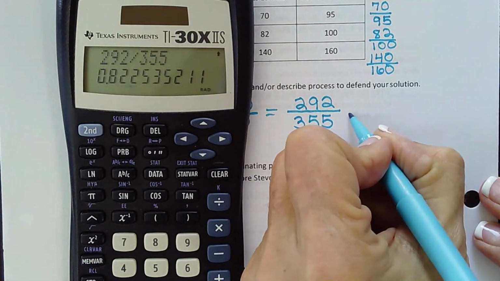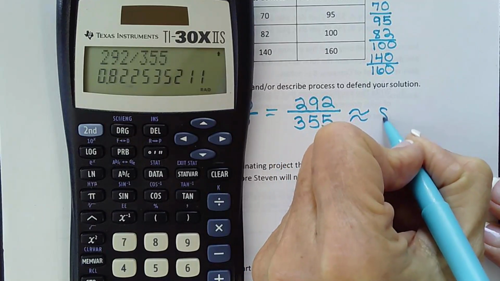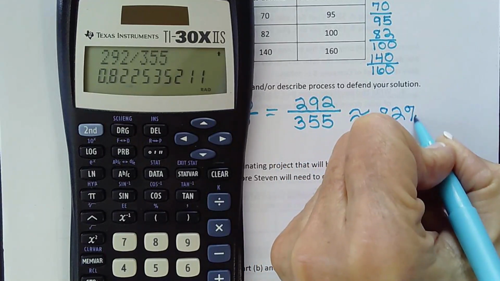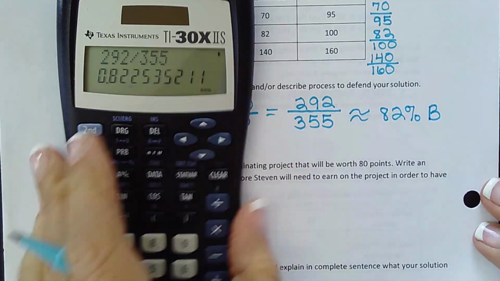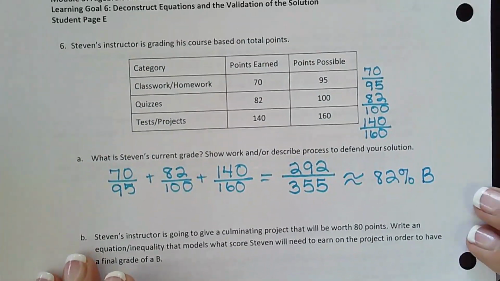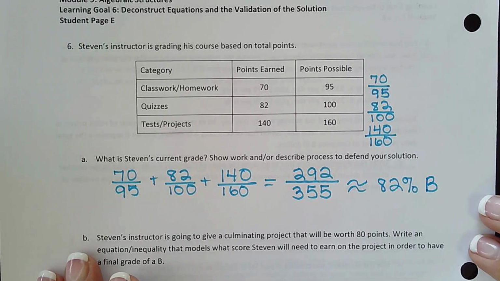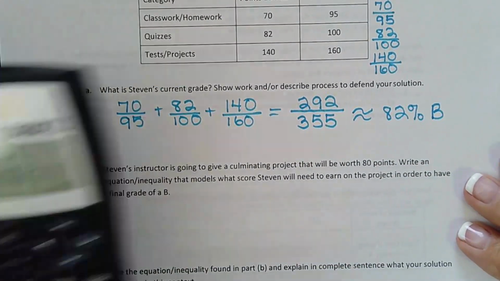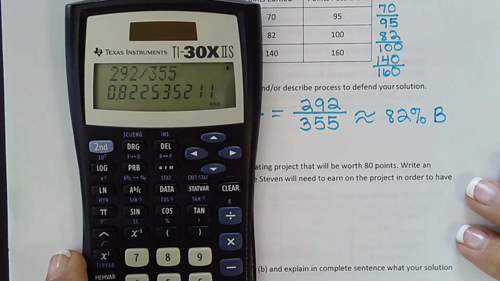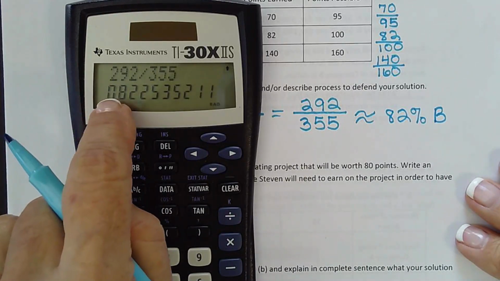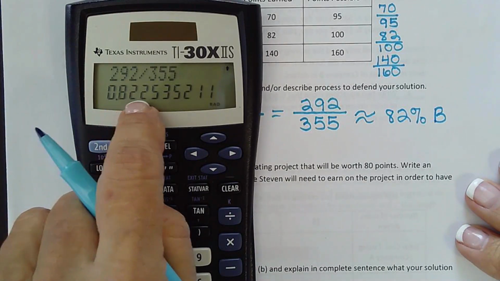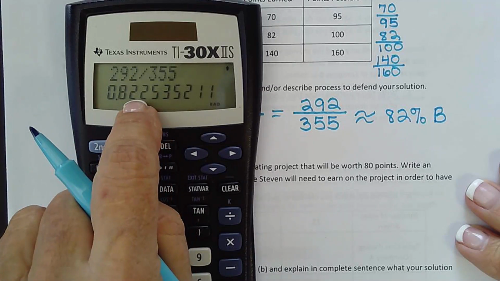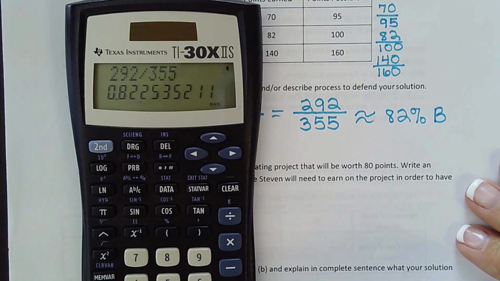So we can say approximately 82%, which would be a B with a standard grading scale. I don't think they ever say what the grading scale is, but we'll just say it's a straight 90, 80, 70, 60. So there's the percent. He's at approximately 82%.